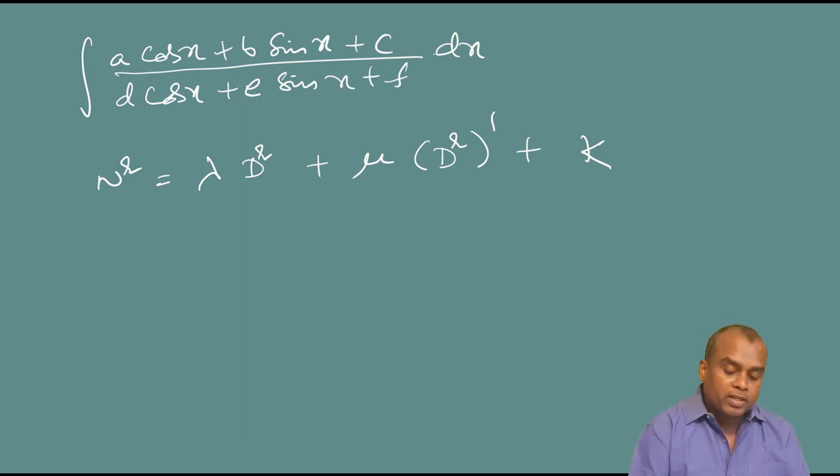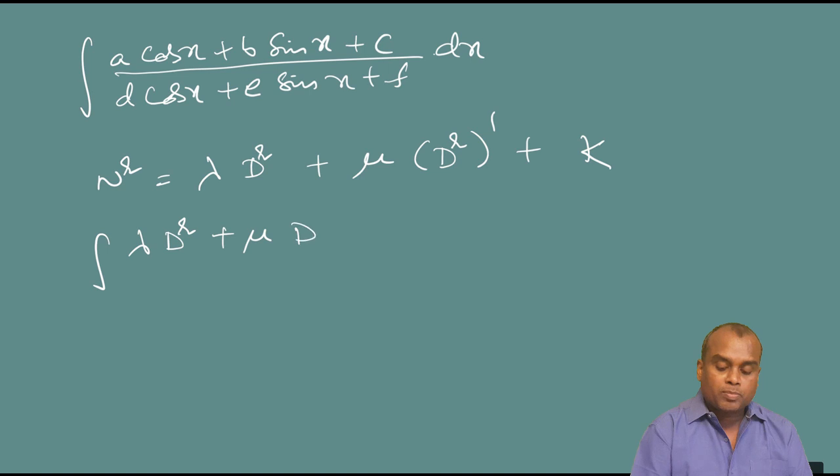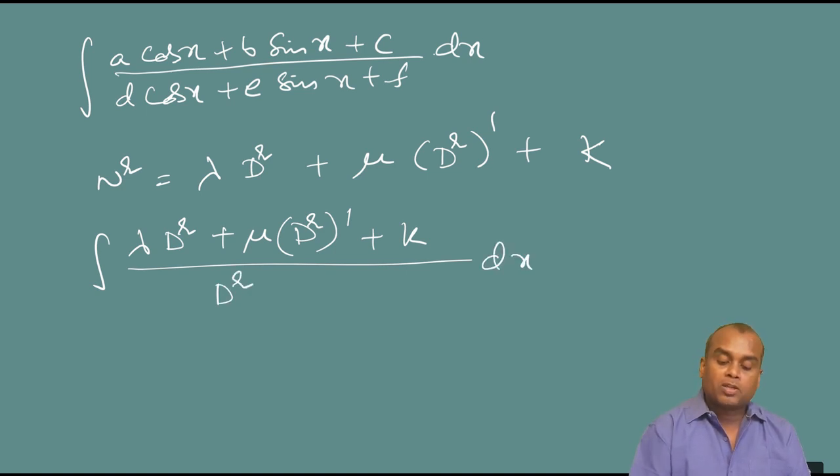So once you write like that, I want you to observe that it will be like integral. The numerator it will be lambda times denominator plus mu times derivative of the denominator plus k by denominator dx you get after writing numerator like that. And then we simply split this into three separate integrals by writing different separate denominators.